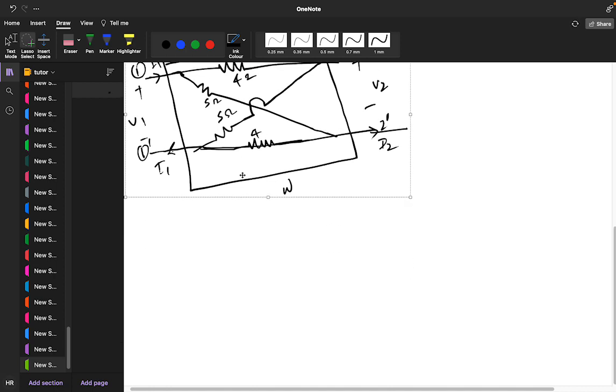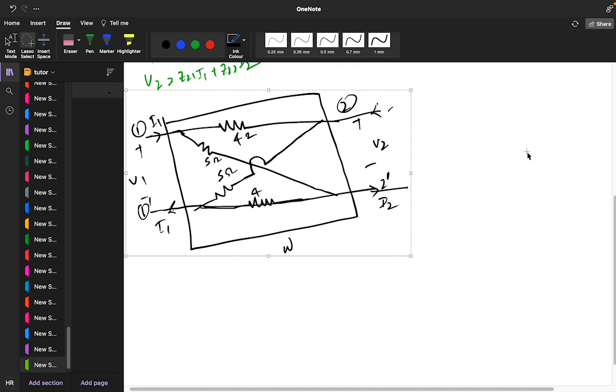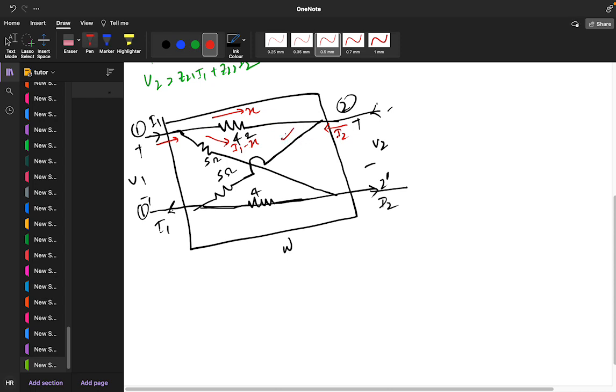See, if I1 current is coming from here, and I2 current is coming from here, assume there is some current X. So what will be the current in this branch? I1 minus X. Apply KCL. This I1 will be subtracted by X, so we get I1 minus X. Now what will be the current here?